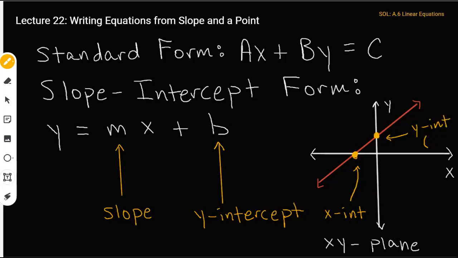And we call this lowercase b when we write out our slope-intercept form. So this is what all the lines are going to look like. All the lines that you see today are either going to have an x-intercept or a y-intercept, or both.